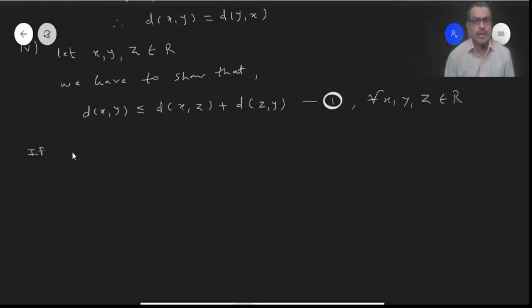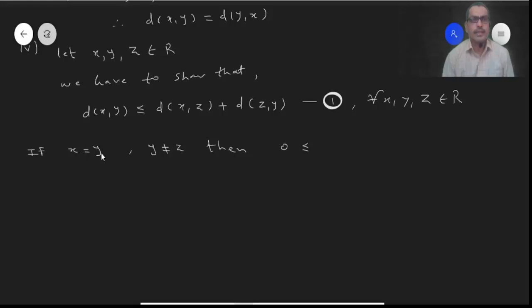If x is equal to y and y is not equal to z, then if x is equal to y, the distance between x and y is 0, which is less than or equal to the right side.